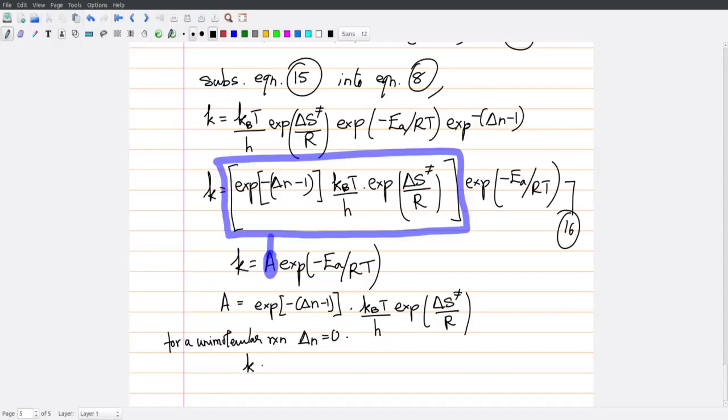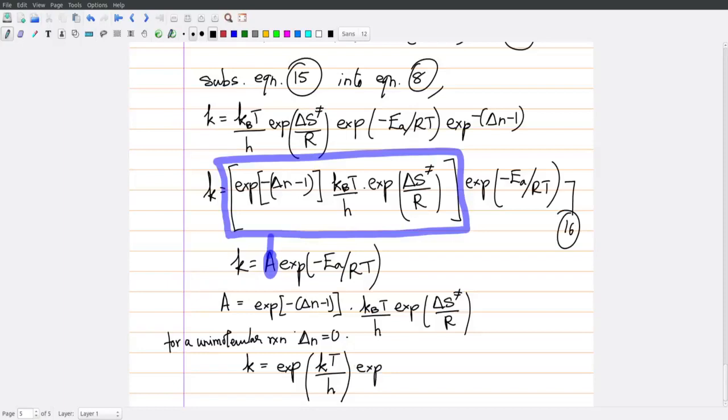So this will give you k equals exponential into kT by h into exponential.